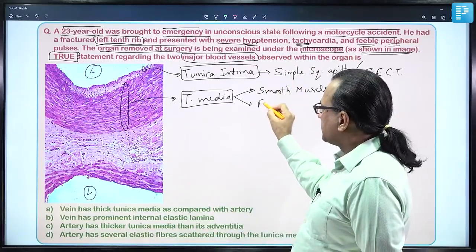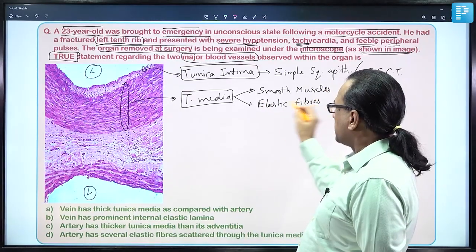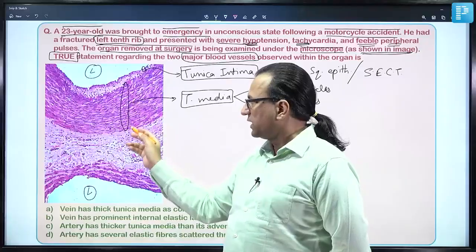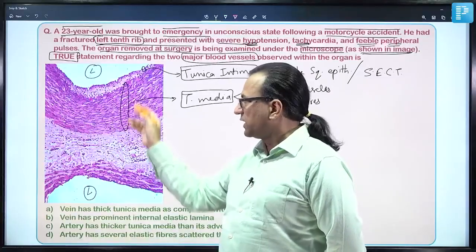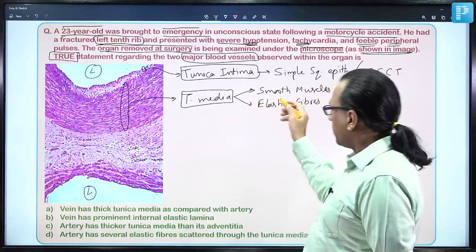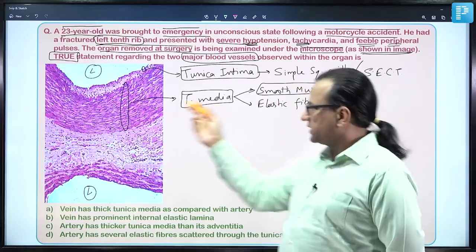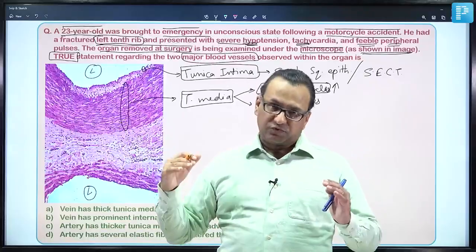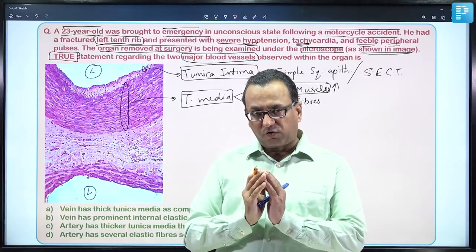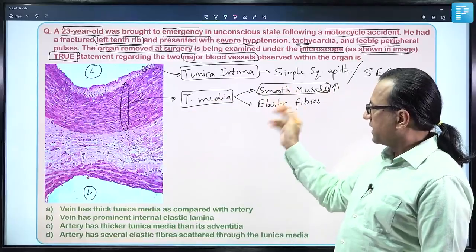So there can be elastic fibers, and there'll be more so if it was an elastic artery. But how do you know that this is an artery? And how do you know that it is not elastic artery, but a muscular artery having more of smooth muscles? Because spleen, the splenic artery, is a muscular artery which has the function of regulating blood flow towards the organ. Anyhow, we'll talk more about the muscular elastic arteries.